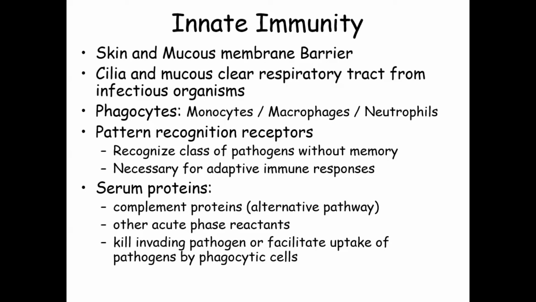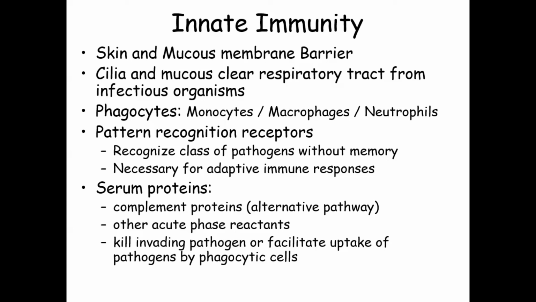Now also they have on their surface ways to recognize a pathogen, because how would our cells be able to tell that there's a bacteria or a virus or so? And so the innate immune system has receptors that look at molecular patterns on bacteria, viruses, fungi.